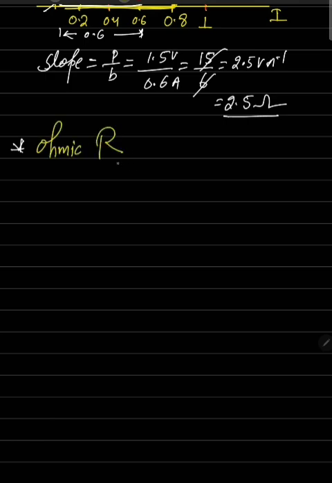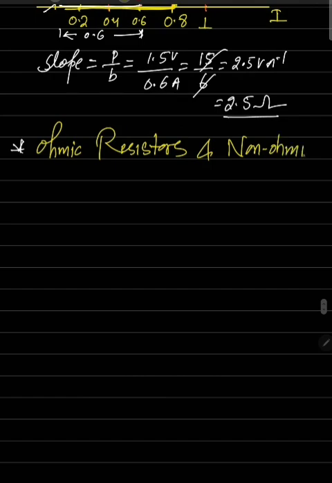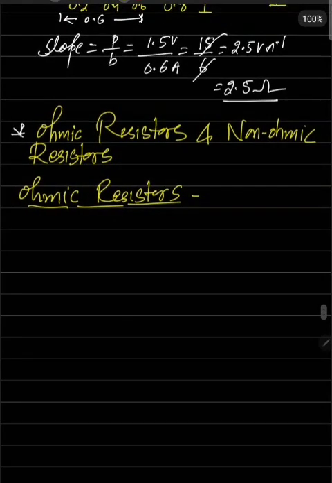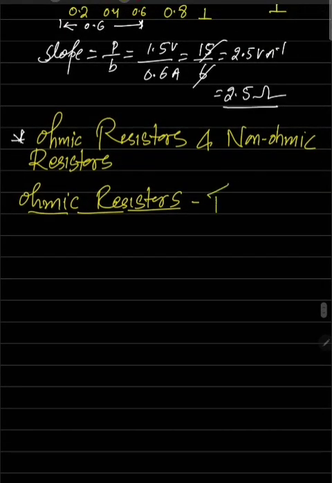Now we have to discuss ohmic resistors and non-ohmic resistors. First I am going to explain what an ohmic resistor is. Ohmic resistors are the resistors which obey Ohm's law.